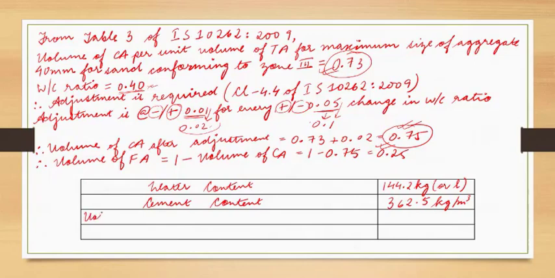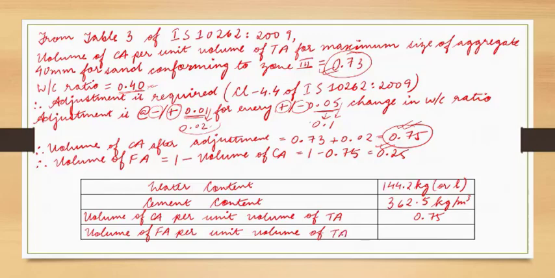Then volume of coarse aggregate per unit volume of total aggregate ami paisu 0.75, and similarly volume of fine aggregate per unit volume of total aggregate ami paisu 0.25. So this is the completion of step 5.